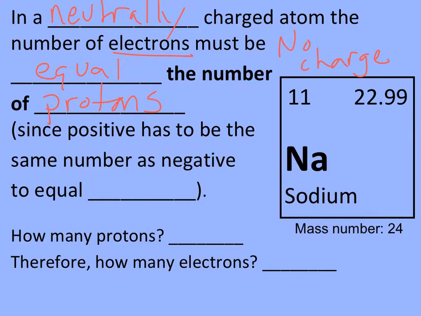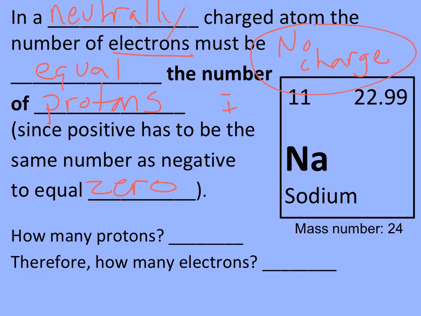Remember, electrons are our negatives and our protons are the positives. So you've got to have the same number of positives as negatives to equal no charge. So since positive has to be the same number as negative to equal 0, however many protons we have, the same number of electrons.